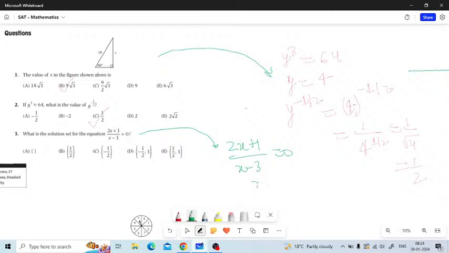So you can write 2x plus 1 is equal to 0, multiplying both sides by x minus 3. So from here you will get x is equal to minus 1 by 2. So the solution set is C. Option C is correct. x is equal to minus 1 by 2.